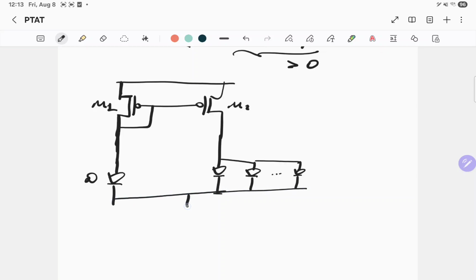And this is the ground. So this is the D1, D2, etc., Dn. And this is the supply, which we will denote as VDD.